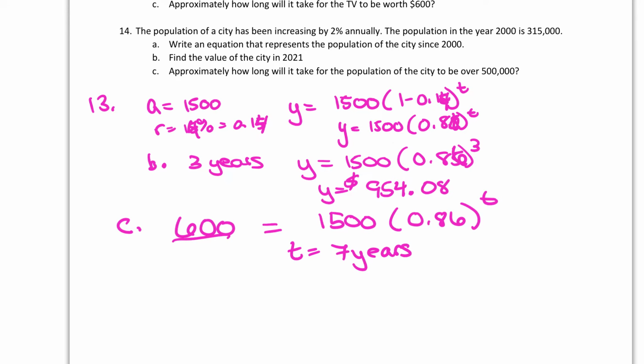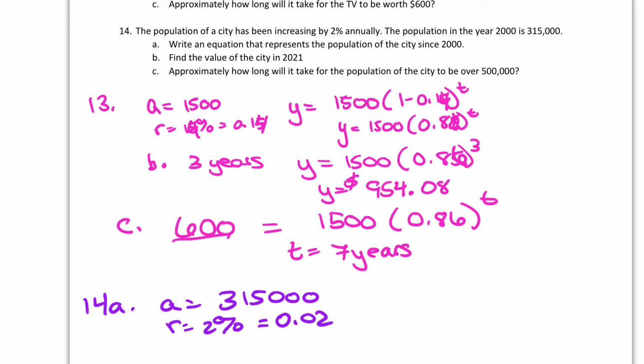Question 14 says the population of a city has increased by 2% annually. The population in year 2000 is 315,000. So for 14A, it says to write an equation that represents the population since 2000. Our A value here is 315,000. Our R is 2%, which as a decimal is 0.02.